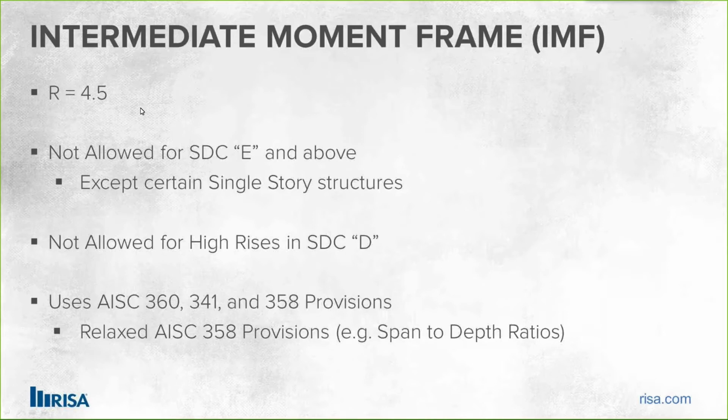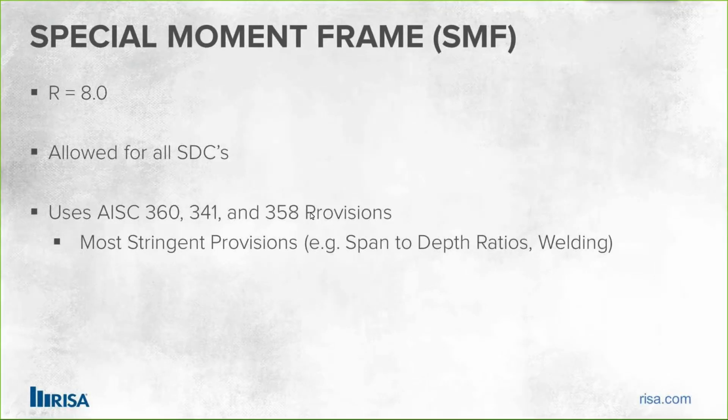And in the intermediate moment frames, you have to meet provisions from AISC 360, 341, and 358. So you have 3 different codes that have provisions that have to be met. However, you do have some relaxed provisions in AISC 358, such as span to depth ratios is a good example. There's a number of other individual provisions where it's not very stringent as compared to the special moment frame.